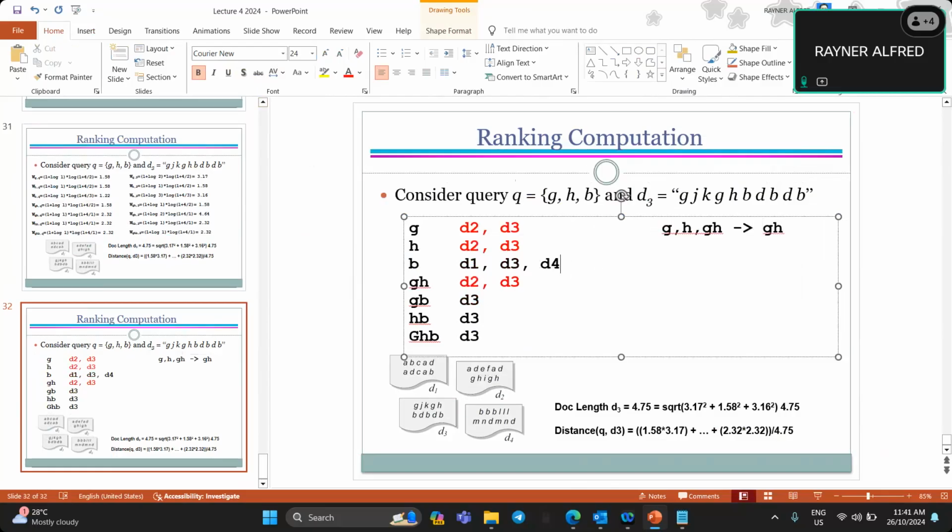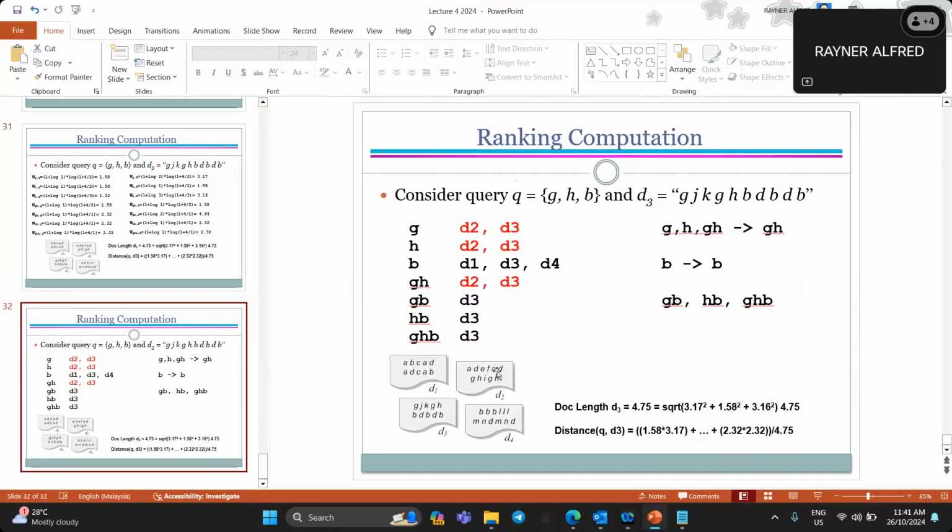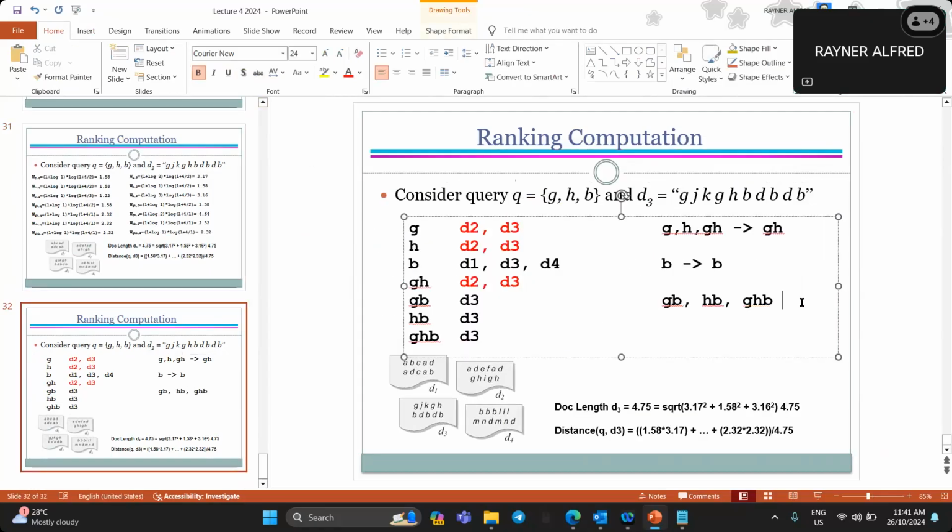And then this one will be 1, so B only, so B goes to B. And then the D3 here, so all become GB, HB, GHB, so this one will go to GHB.